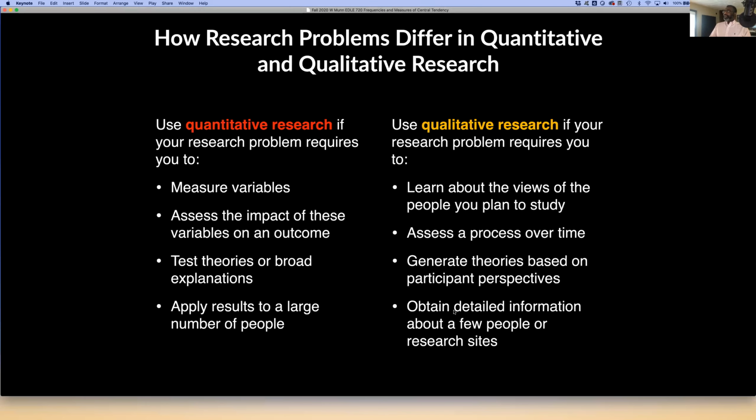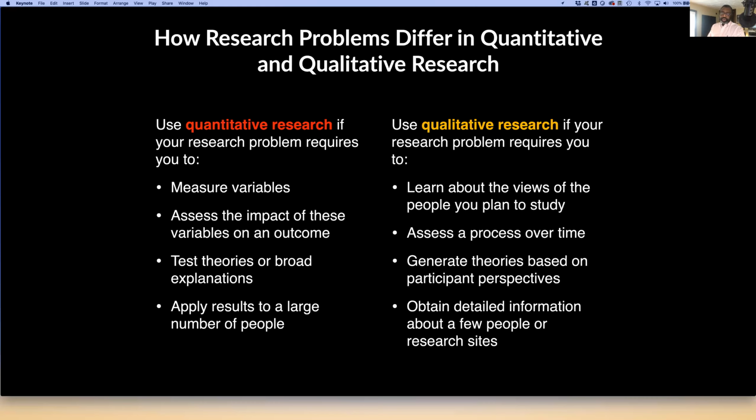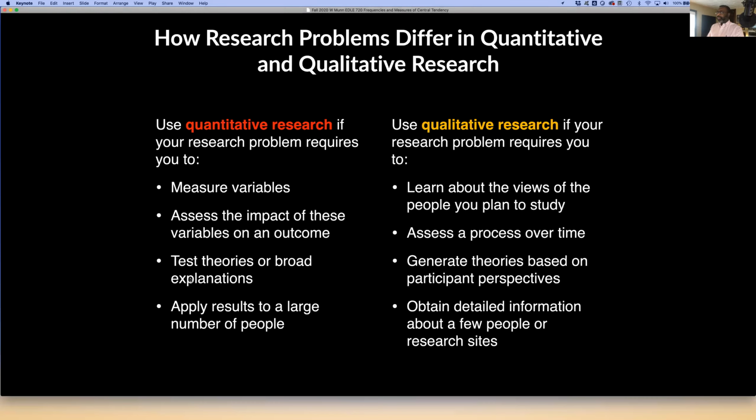All right, so how research problems differ in quantitative and qualitative research. You use quantitative research if your research problems require you to measure variables, assess the impact of these variables on an outcome, test theories or broad explanations, or apply results to a large number of people.